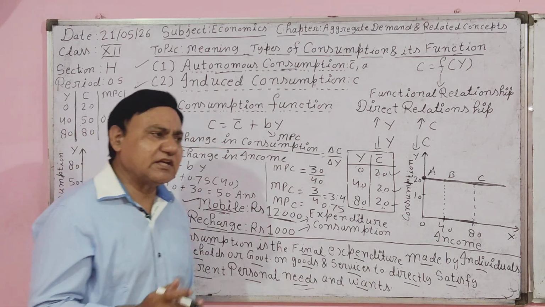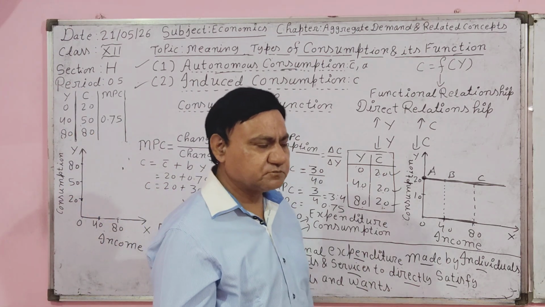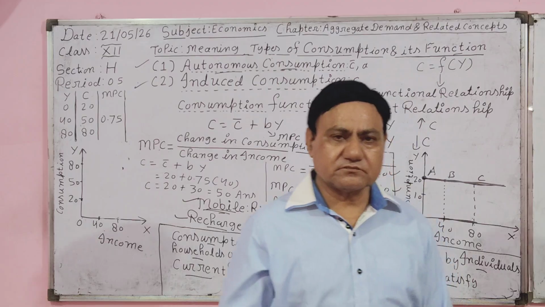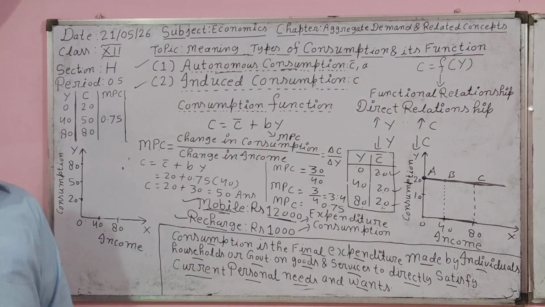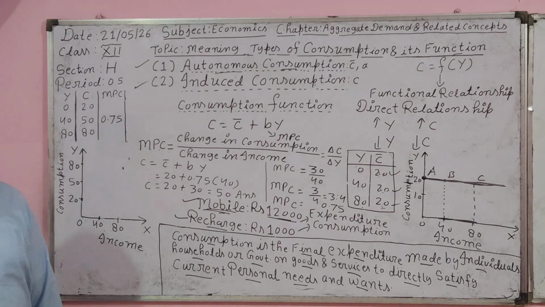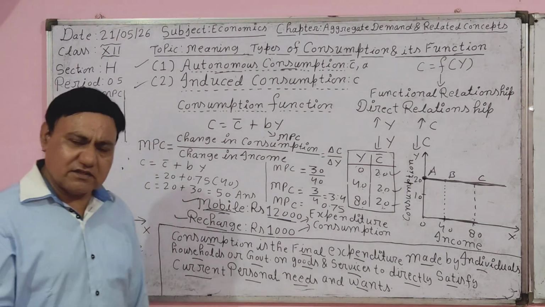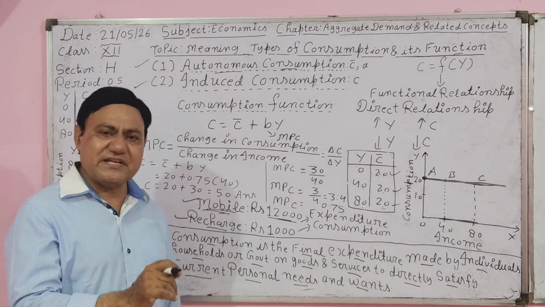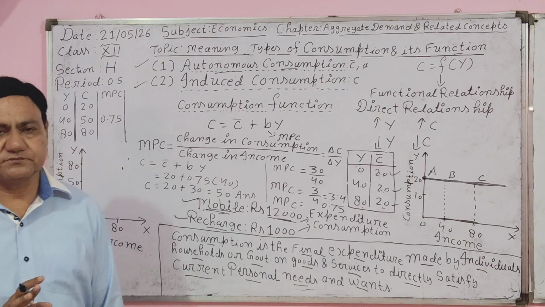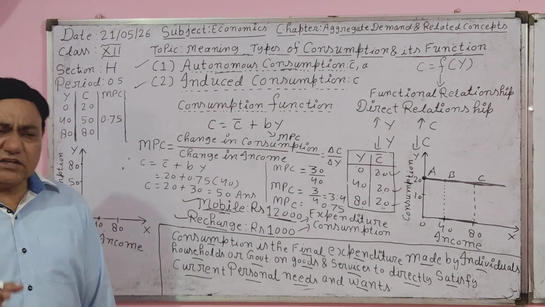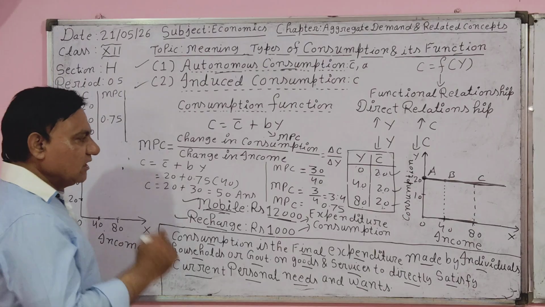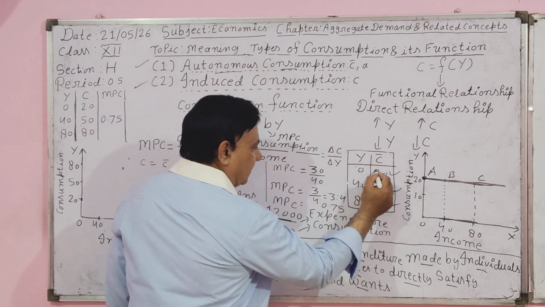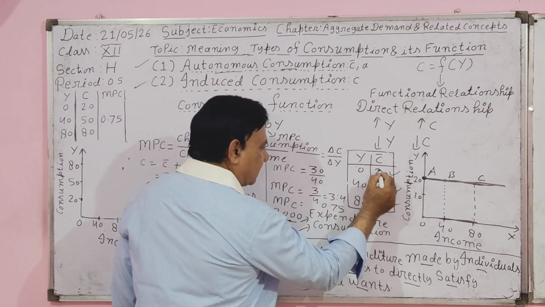Autonomous consumption can also be defined as that expenditure which is required to fulfill basic needs. It can also be defined as the consumption at zero level of income.